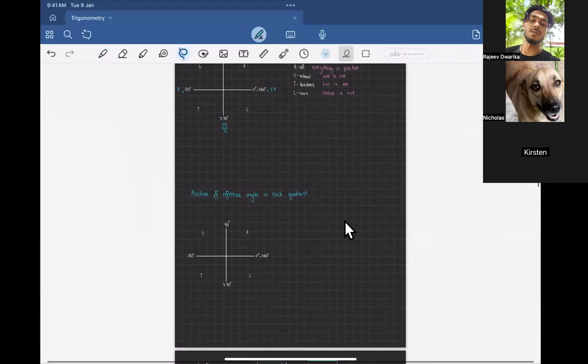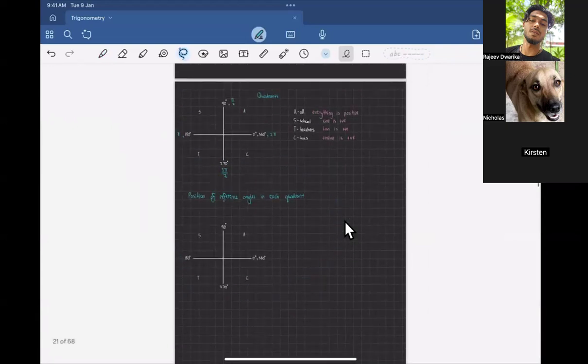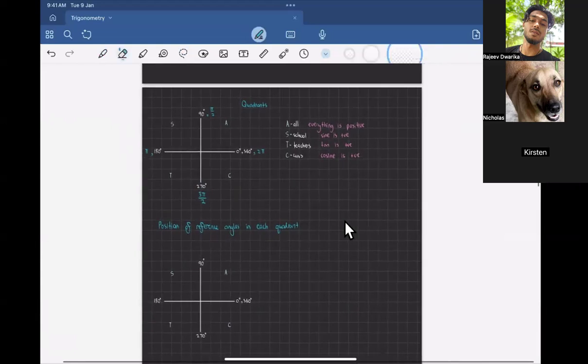And let me show you all what I mean by the position of the reference angle in each quadrant. Nicholas and Kirsten, please let me know when you have this copied down.